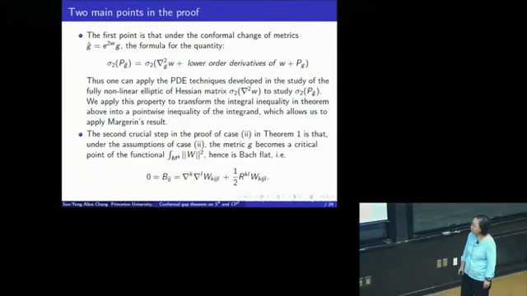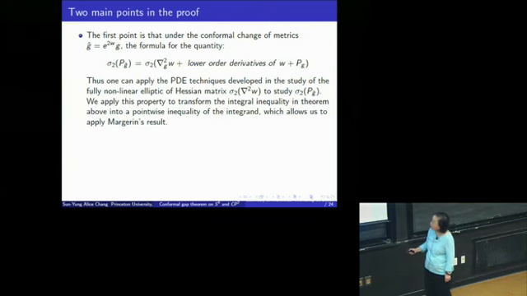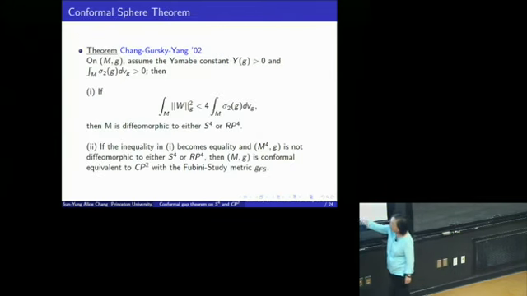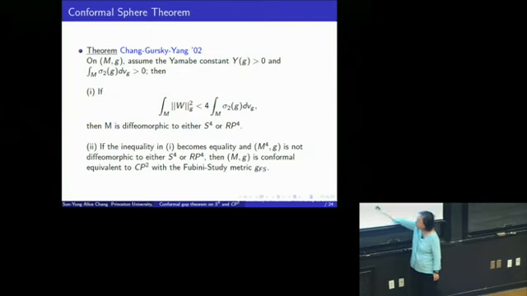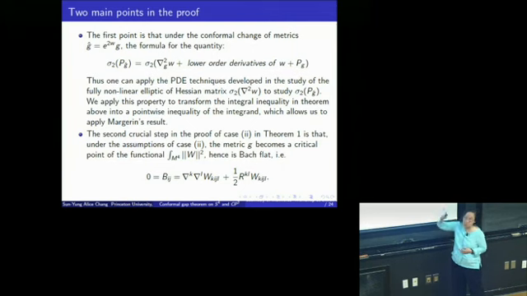The second point I want to make is about the second condition: how do we pin down CP2 when the integration is equal? At that point, we also assume the equality holds and the manifold is not diffeomorphic to S4. That means in the case of the functional, the integration of Weyl square, that metric must be a critical point of the first functional.